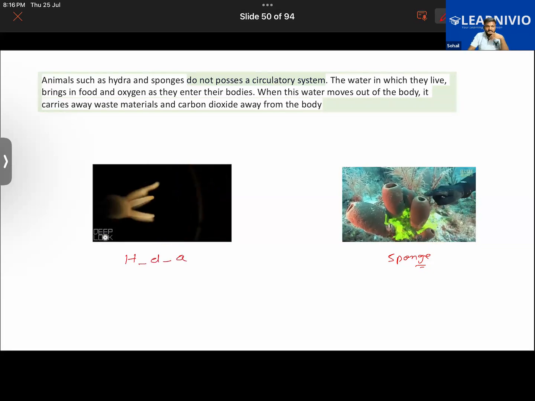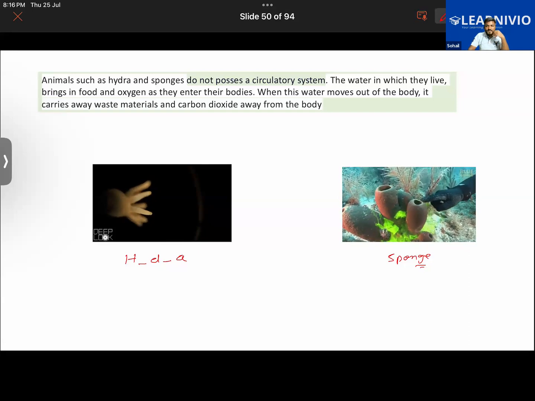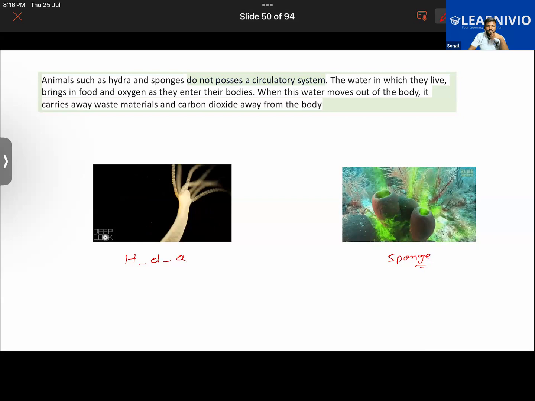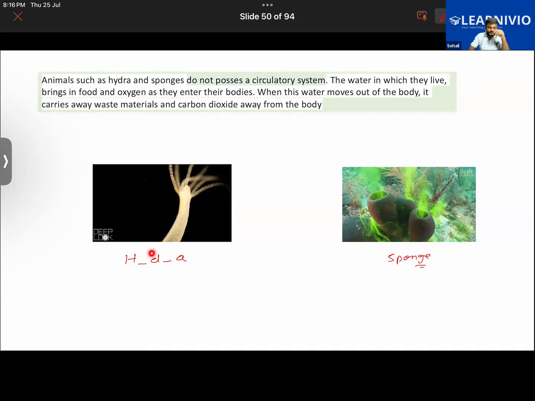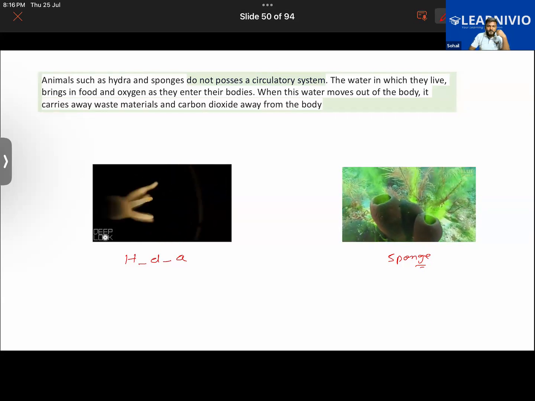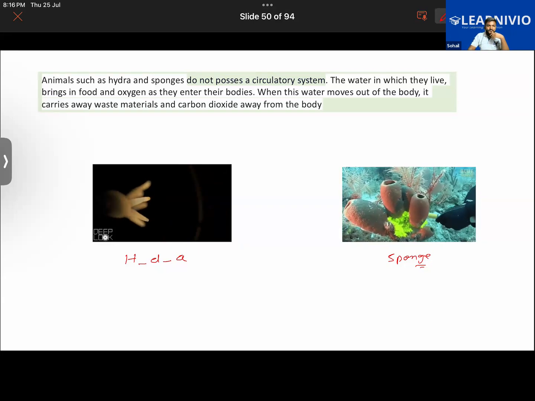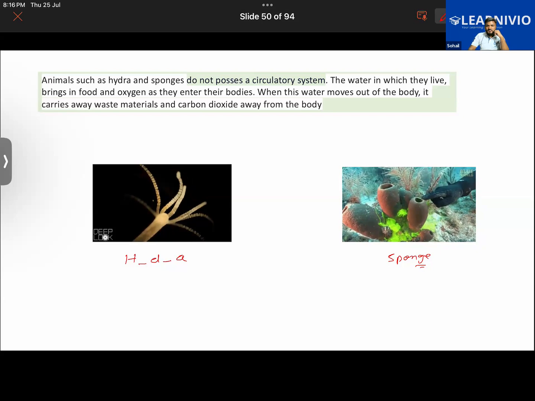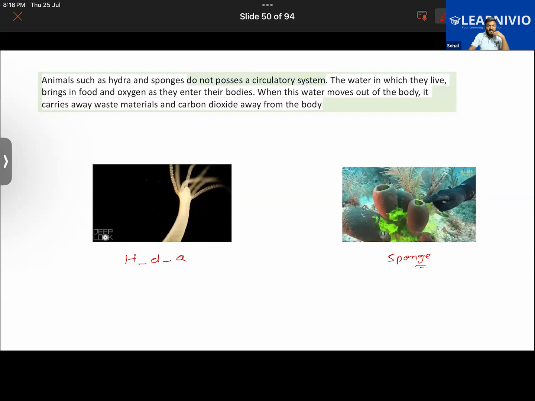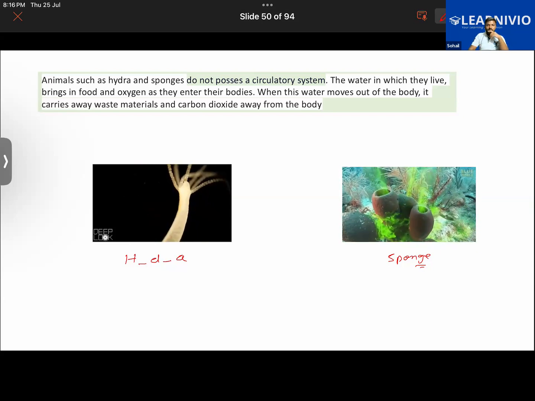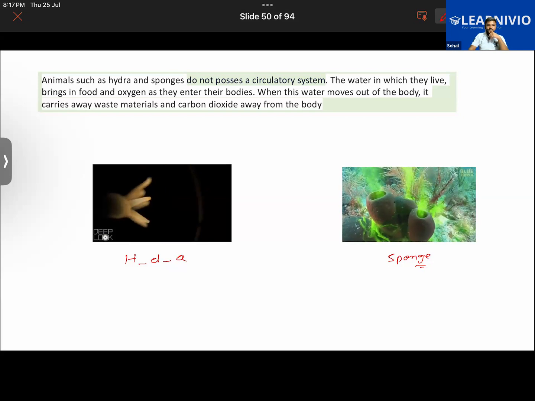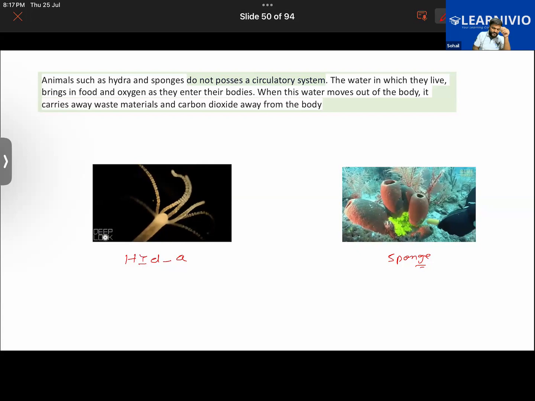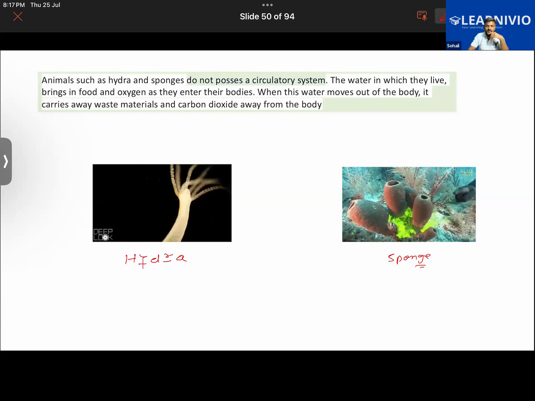It's a sponge. The first one, this one. I have given the hint also. Abu Bakr, read the given paragraph. Hydra, right? Hydra. Good.